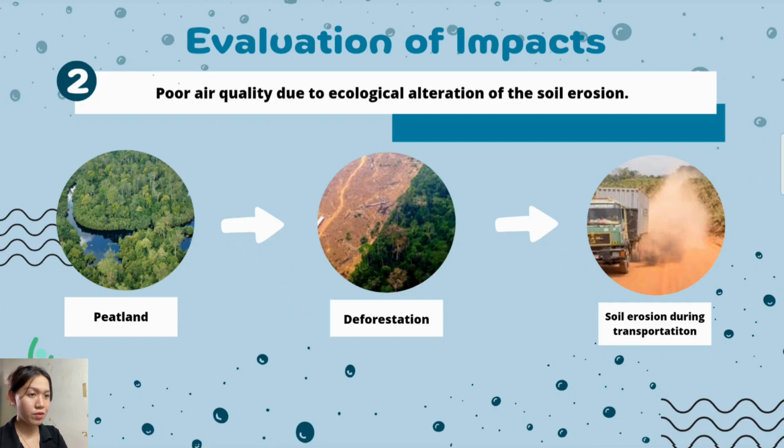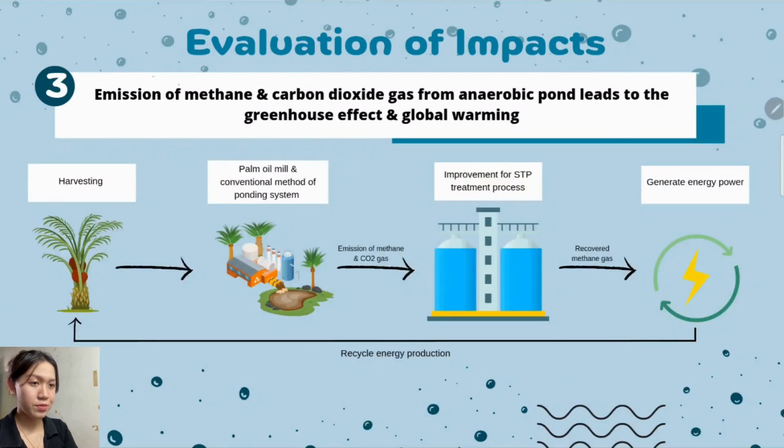Sudden alteration of the peat forest to a large-scale plantation through deforestation causes a huge impact on the functional system of the forest. Humans as well receive detrimental effects, such as an increased risk of respiratory disease. In stabilization pond treatment that uses a large open area, the anaerobic pond experiences biochemical reactions which produce methane gas and carbon dioxide.